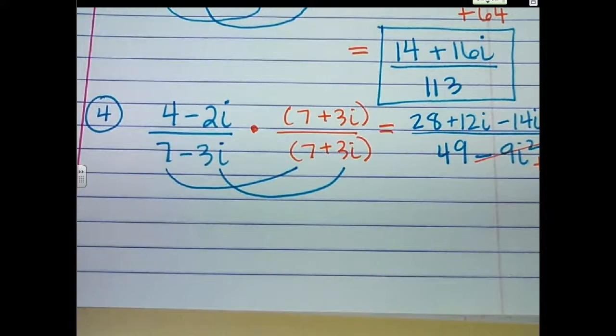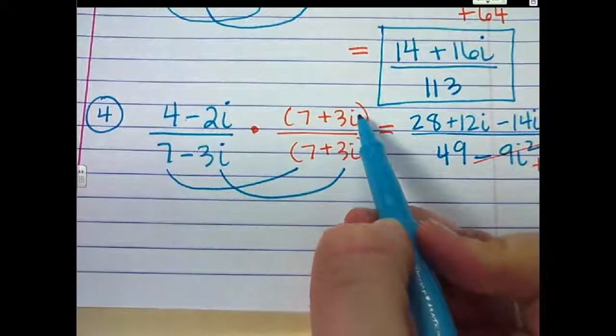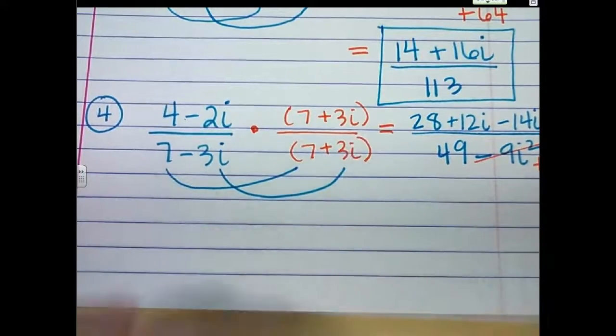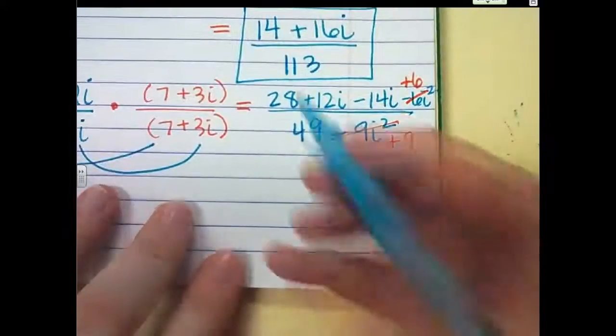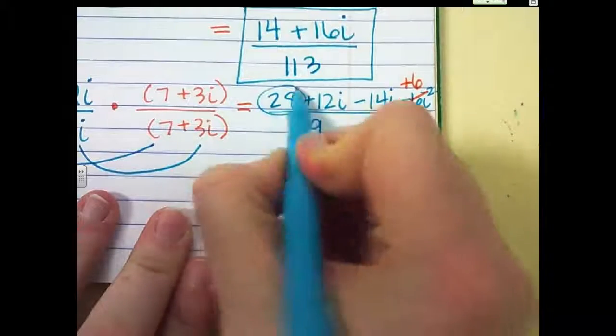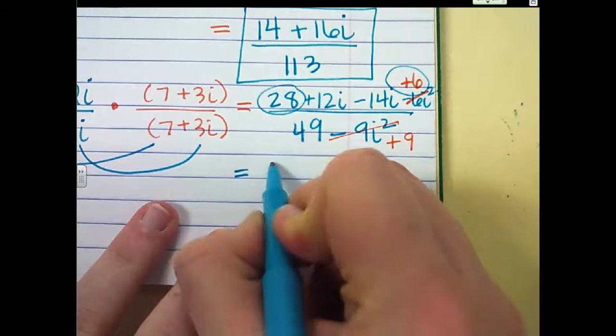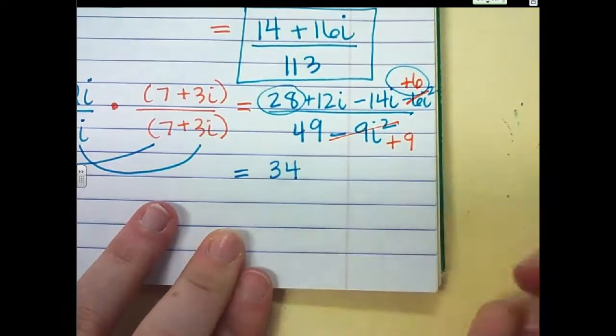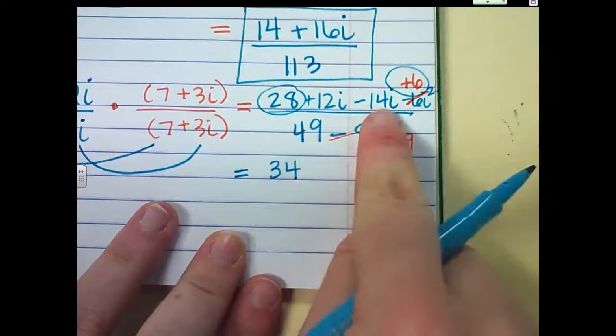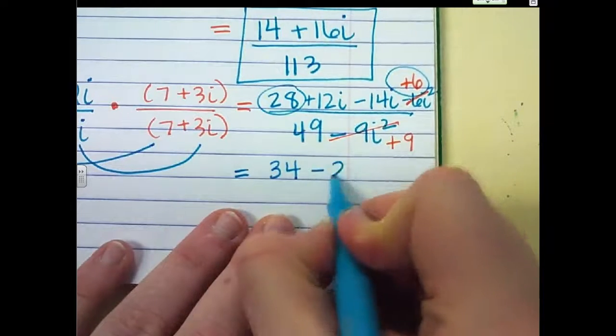don't get confused. Because what I've seen is some people will do the shortcut on top, and you can't do that. Okay, so let's do some combining like terms here. On the top, I've got 28 plus 6, which is 34, plus 12i minus 14i, which is minus 2i.